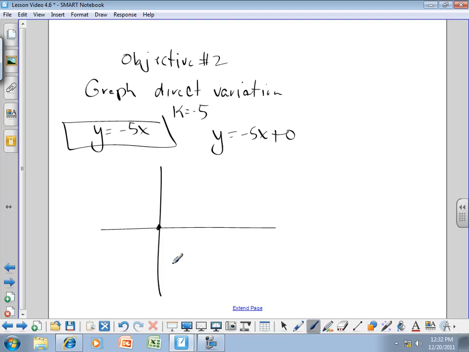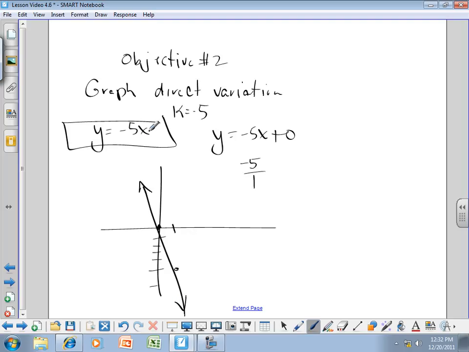And the y-intercept of every direct variation equation will be 0. What's the slope? Well, the slope is negative 5. Make it a fraction. That tells me that I should go down 5: 1, 2, 3, 4, 5. Right 1. And there's my line.